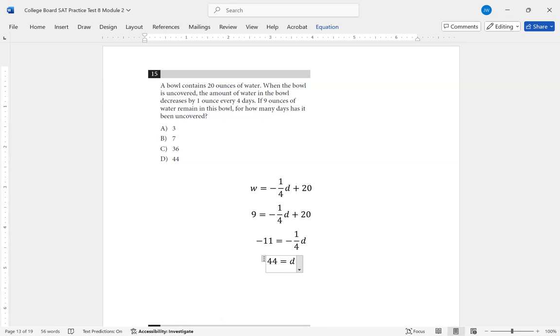And therefore, this water has been uncovered for 44 days. And the answer, therefore, to question 15 is D, 44. This bowl has been uncovered for 44 days.